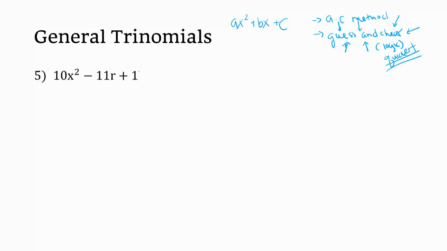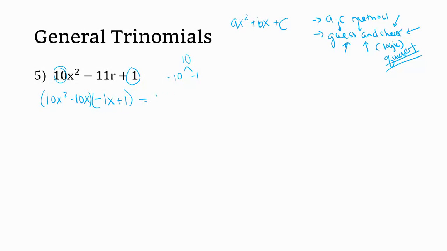Okay, so for the AC method, what I'm saying is I have to multiply A times C, and that would give me 10, and then I'm going to find two numbers that multiply to 10 and add to negative 11. Okay, so I know I've got to have 10 and 1. They both have to be negatives. Then I can break this apart: 10x squared minus 10x minus 1x plus 1, right? So I broke this one apart. I'm going to group and factor out what's common.